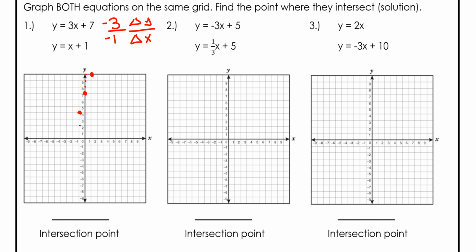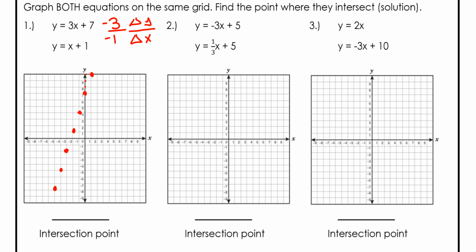A change of down 3 on the y, a change of left 1 on the x. So I don't draw my point until after I've done both of these moves. Rise negative 3, run negative 1.